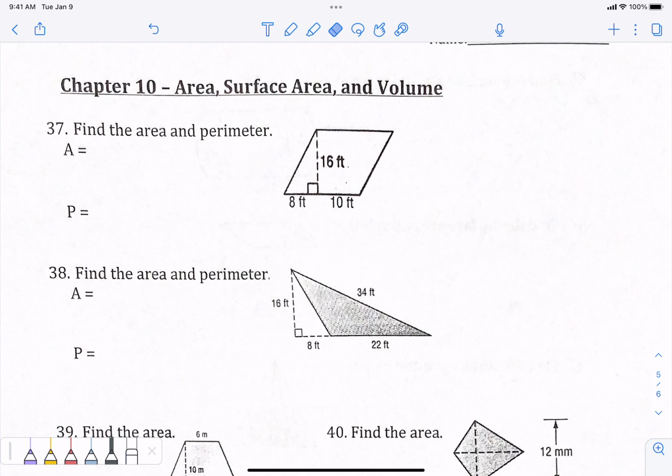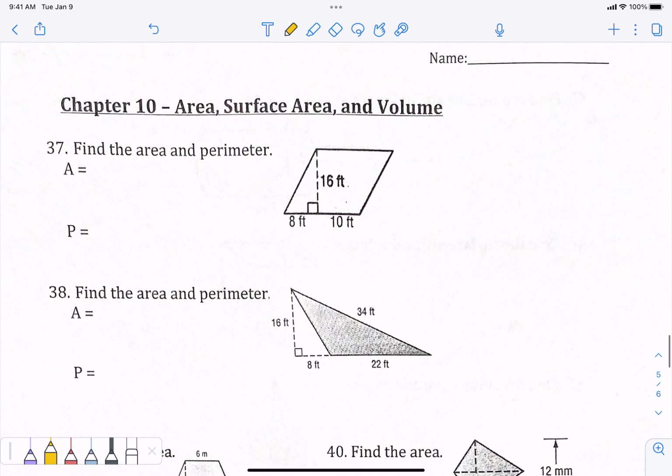So starting with 37, this is a parallelogram. I'm gonna label him off to the side over here. P-A-R-A-L-L-E-L-O-G-R-A-M. He's a parallelogram, okay? And if we wanna find the area, do you remember what the formula was for area of this thing? It's kind of like a rectangle. It's just base times height.